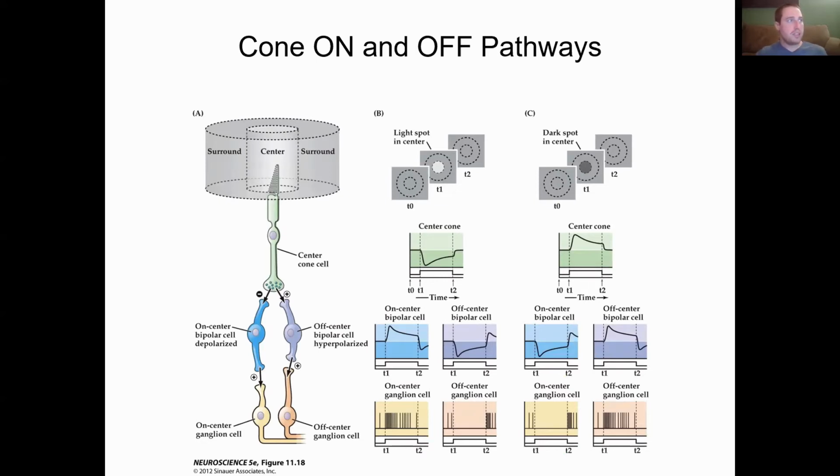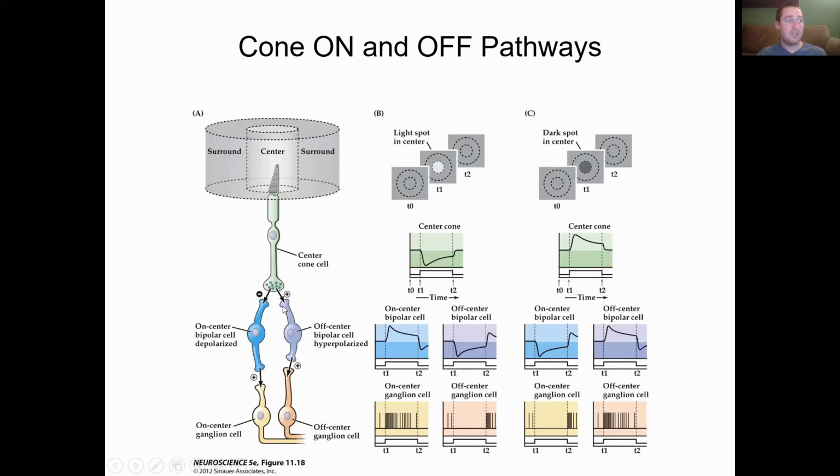So let's go ahead and then walk all the way through the pathway. And how do the cells respond to either a light spot, so an increase in light shown on the center, or a dark spot shown on the center? So if you increase the light level, you shine a light spot on a cone, it will hyperpolarize.